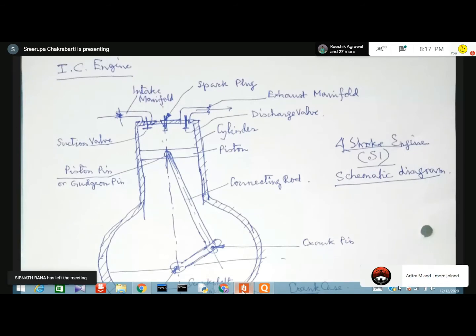That means there will be a reciprocating component and the movement of the reciprocating part will be converted into rotation. That is the reciprocating engine, the piston cylinder arrangement. But there is another variety of engine, which is the rotary engine. That is the turbine, which will be taught in a different course.